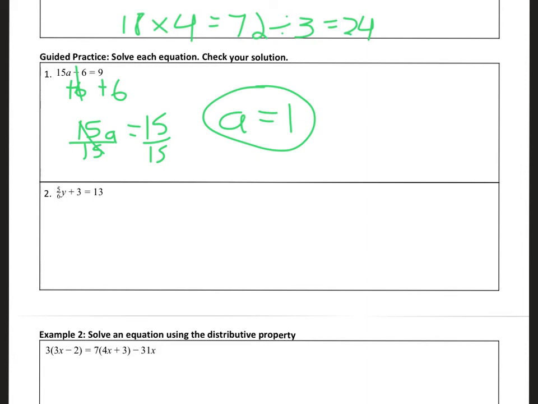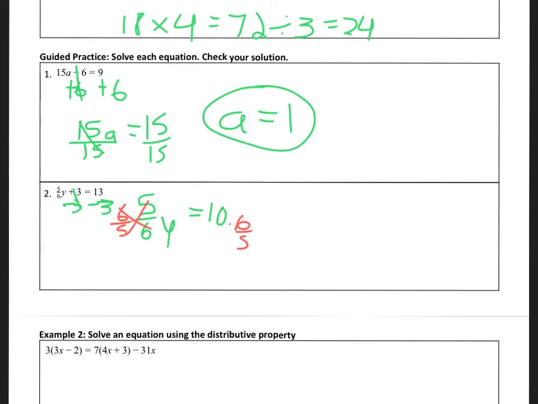So number 2 here, solving this. First step, subtracting 3 from both sides. I get 5/6 y equals 10. And then just like that first example we covered, it's you knowing I have to multiply both sides by 6/5.